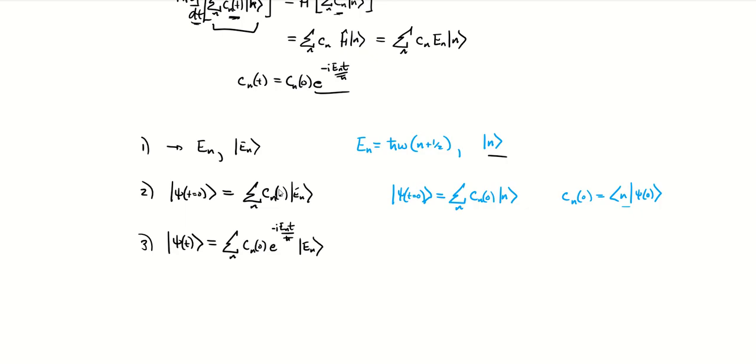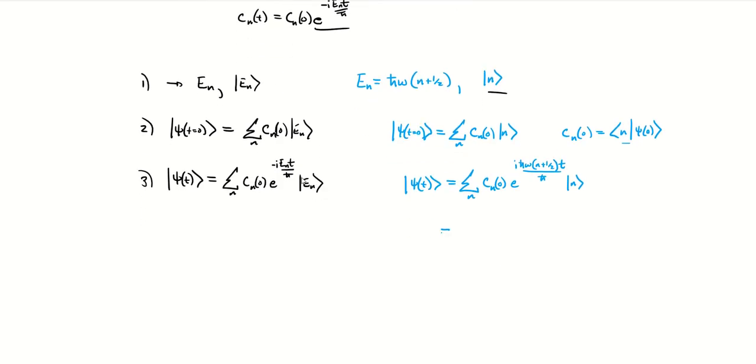So in our harmonic oscillator case, our time-dependent state function is the sum over Cn at 0, e to the minus i, our energy h bar omega times n plus 1/2, times t all over h bar, times n, which can be simplified a little and written as the sum over n of Cn at 0, e to the minus i omega n plus 1/2 t, times n.